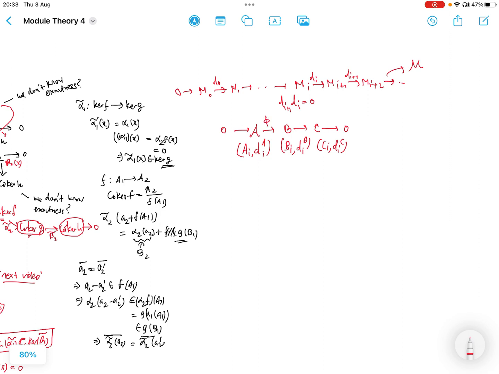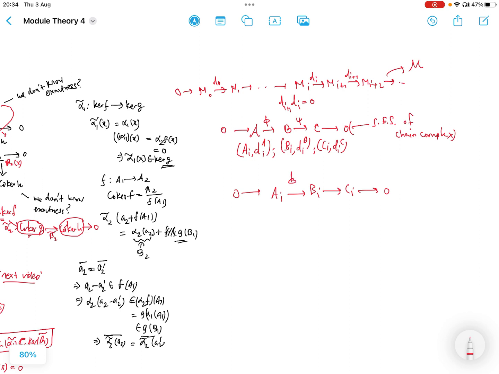Let's call it phi, and let's call it psi. At any nth level, or at any ith level, there is a short exact sequence. So let me take Ai to Bi to Ci to 0. This is a short exact sequence of chain complexes, where each of A, B, C denotes a chain complex.